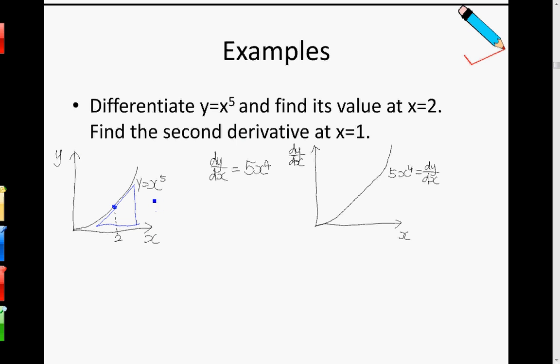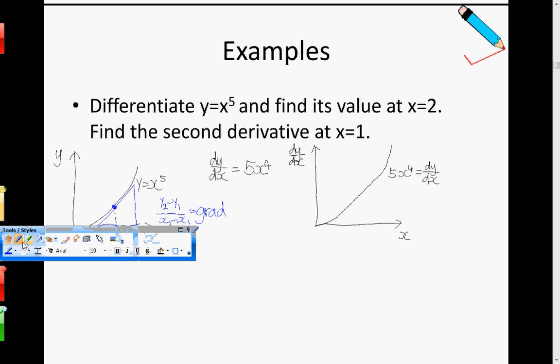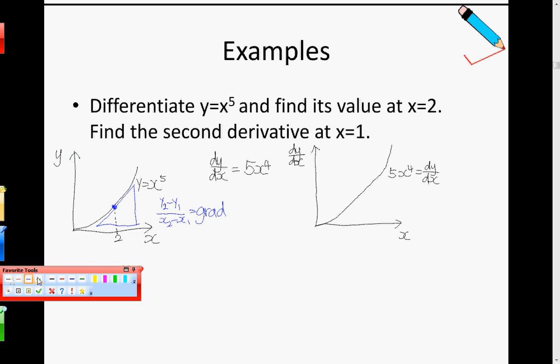And then I will have to find the gradient using our formula, y2 minus y1 over x2 minus x1. So this is how we find our gradient initially. But now we have the gradient function. All we have to do is to find the value at x equals 2.